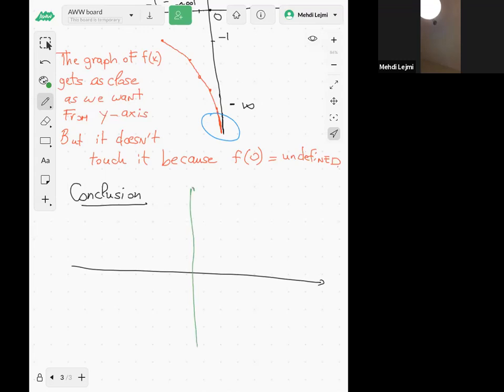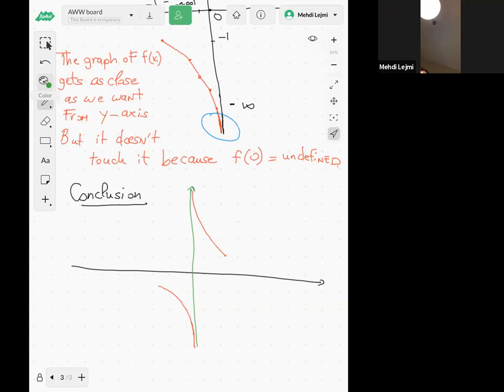What happens is that the graph of f gets very close to this y-axis, but it doesn't touch it. So guys, what's the equation of the y-axis?